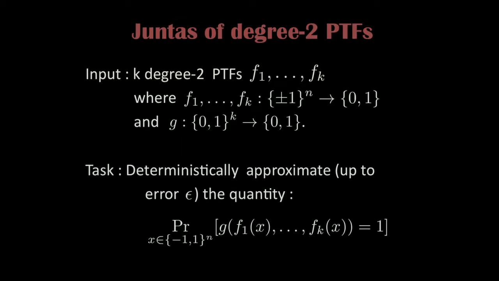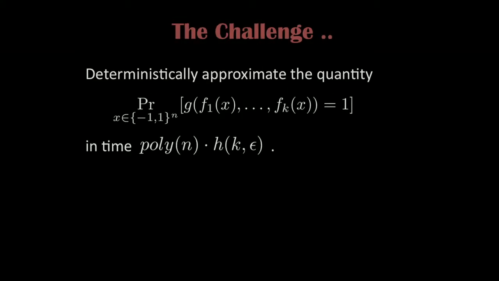Another important thing is that we would like the running time to be some fixed polynomial in n times some function of k and epsilon. Another way to rephrase this is that we would like the running time to remain polynomial in n even for k's which are slightly superconstant and epsilon which is slightly subconstant. On the other hand, if the running time was n raised to k or something like that, then for any superconstant k, the running time will not be polynomial.